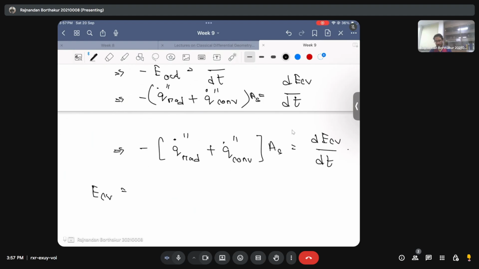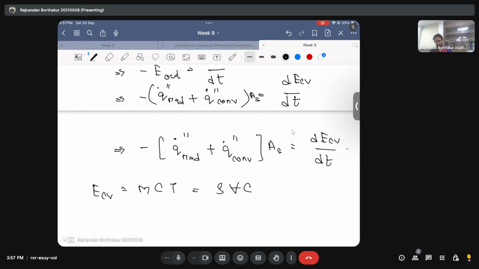This is the mass of the control volume times the specific heat times its instantaneous temperature, and I can write it as the density times the volume times the specific heat times dT by dt.